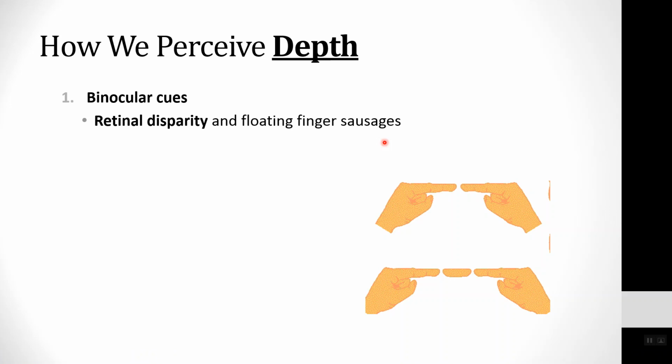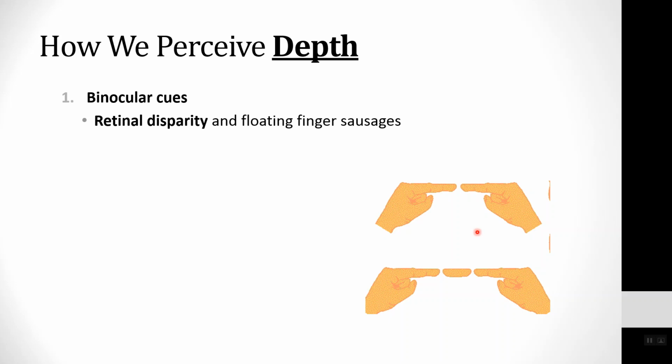If the retinal disparity between the two fingers isn't very different, that means they're further away from your face because they're way out there. Both your eyes can capture basically the same image, so it must be further away. So retinal disparity is very helpful for short, but not far distances.